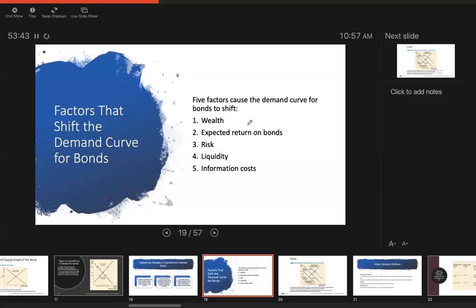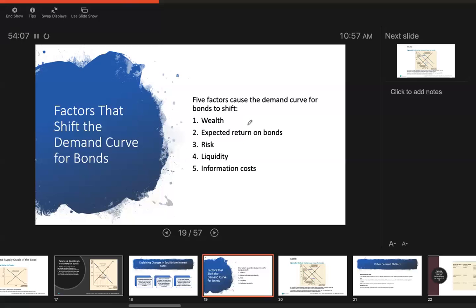So all the factors that determine what goes into their portfolio determine the demand for the underlying assets which go into that portfolio. And these are the same 5 that we already talked about: the wealth, expected return on bonds, the risk of the bonds, the liquidity of these bonds, and the information costs associated with understanding these bonds.